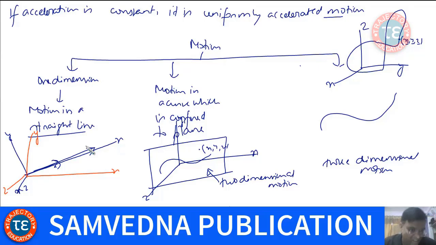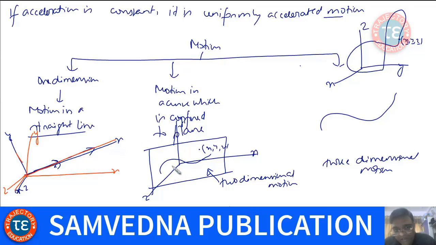If there is a possibility that you take a coordinate system where only one coordinate is changing with time, it's one-dimensional motion. There is always a possibility to take this as the x-axis, this as the y-axis, this as the z-axis, and while the body moves, only one coordinate changing with time. So if there is a possibility to choose a coordinate system such that while the body moves, only one coordinate changes with time, then it is one-dimensional motion.